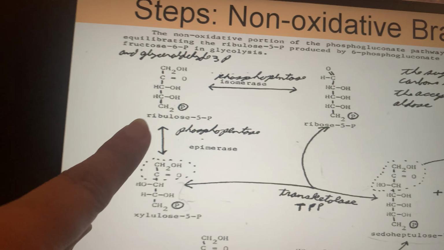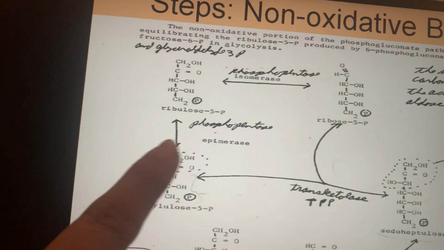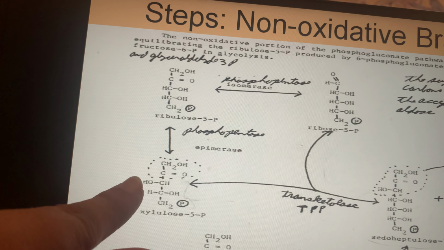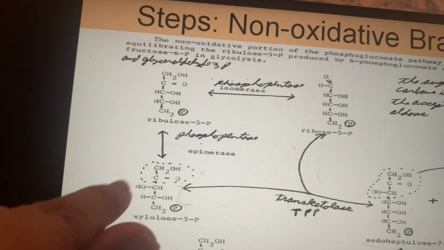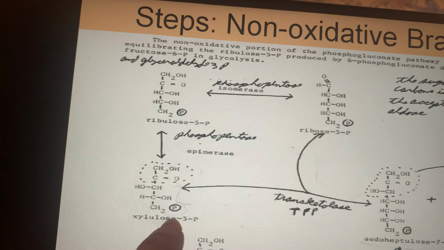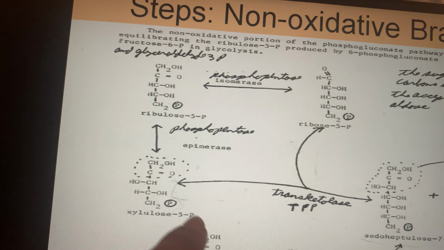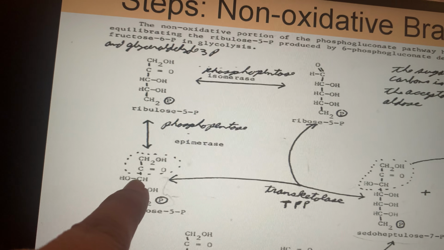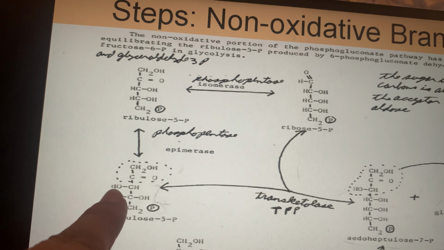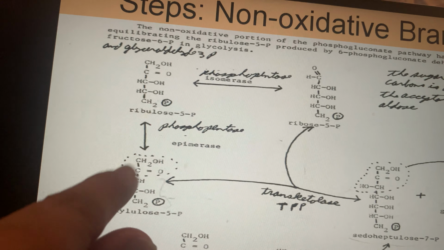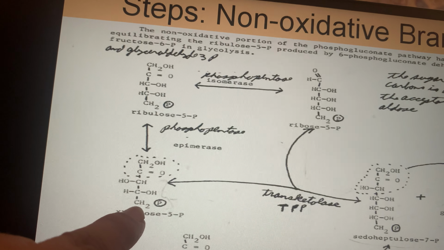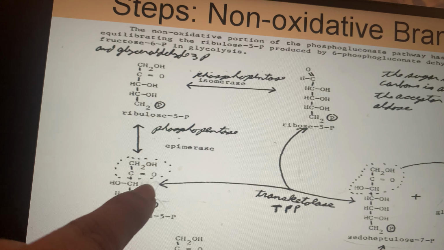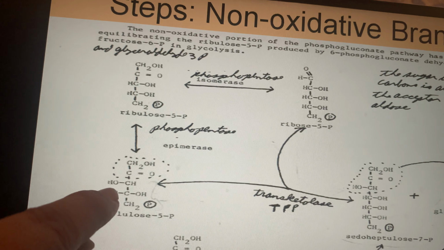On the other side, ribulose 5-phosphate, in the presence of phosphopentose epimerase, is in equilibrium with its epimer, that is xylulose 5-phosphate. Xylulose 5-phosphate is a ketone, but the position of the hydroxyl group is different. These are epimers. An epimer is a structure in which the position of the functional group is opposite at carbon number 3.